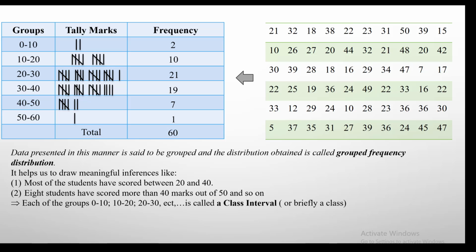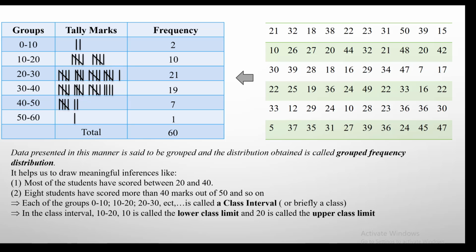Each of the groups 0 to 10, 10 to 20, 20 to 30 is called a class interval or a class.